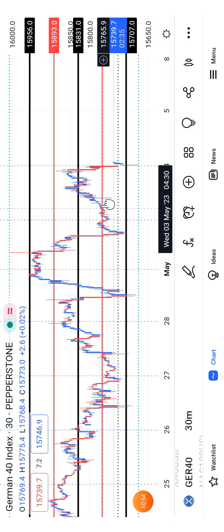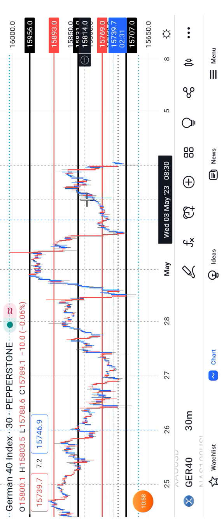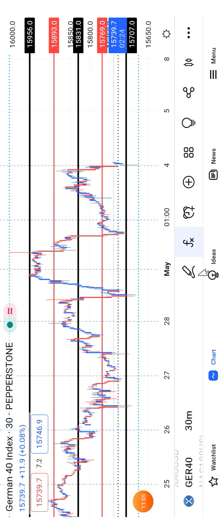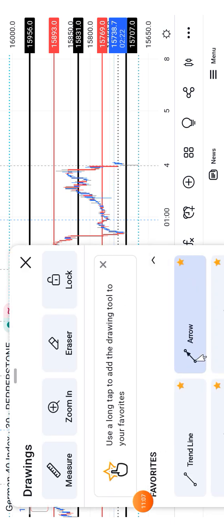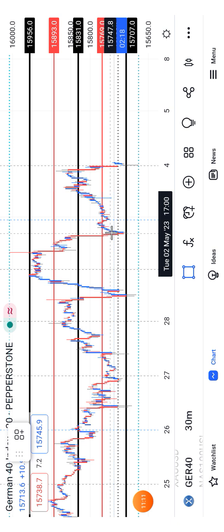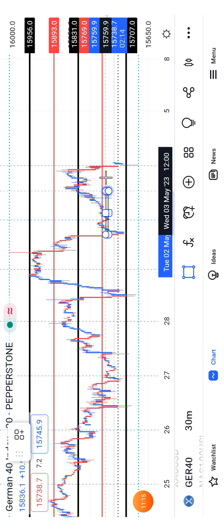After it opened, it went all the way up, right? Around the opening of the London session, we went and retested the intraday, which is this level right here.